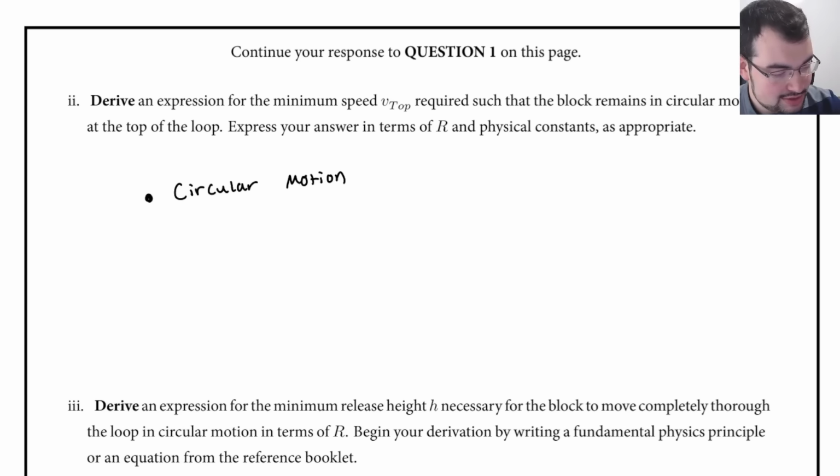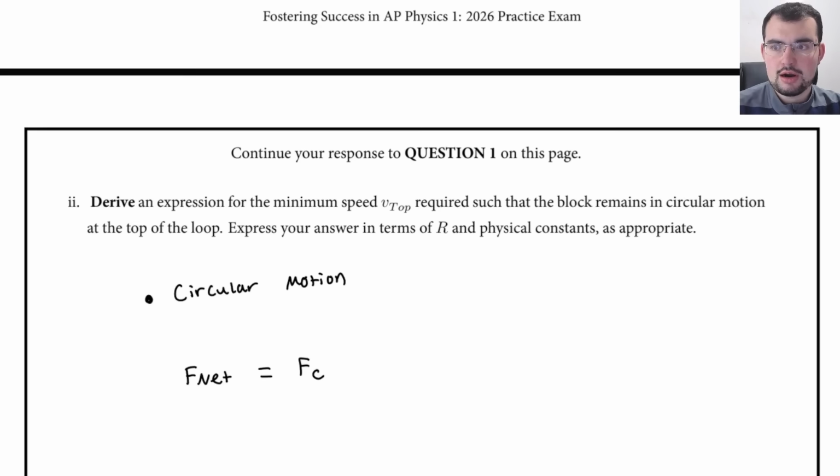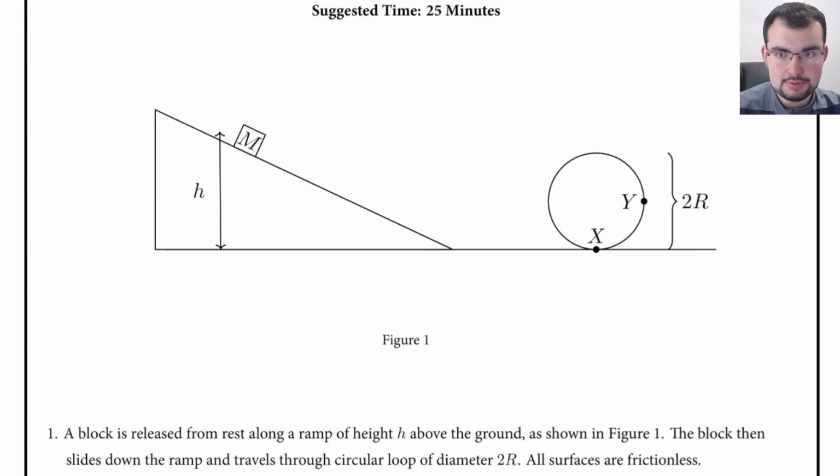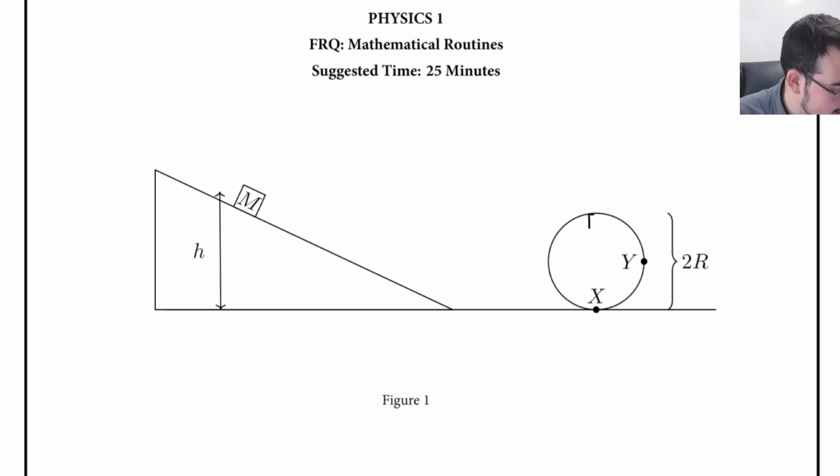So what that tells us is that the net force is supplying a centripetal force. So what are our forces on the top of the loop? Well, if I place my block at the top of the loop, gravity is pulling me down, and the normal force is pushing me down.